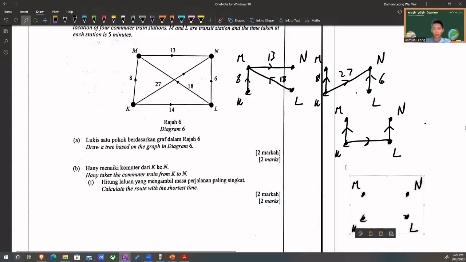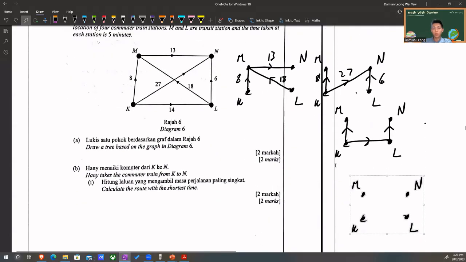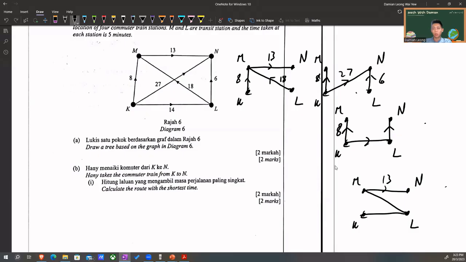Yeah, so there are a lot of ways I can connect them. You can also go like this: 13, 7, 8, 6, 14, then 13, 18, 14.